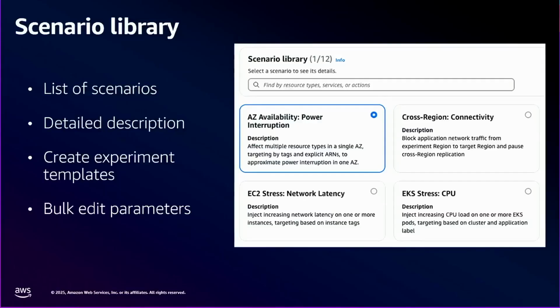So in getting started very easily, we have a scenario library that you can just use off the shelf with the FIS service that tests things like cross-region connectivity loss for customers that are building multi-region, or stress test your compute for network or CPU performance.